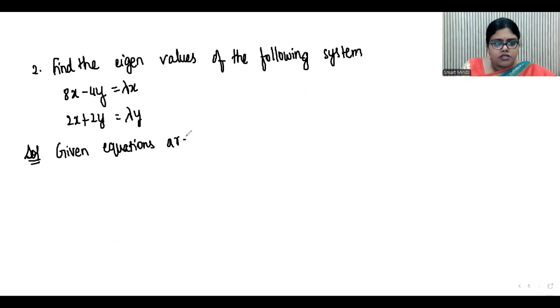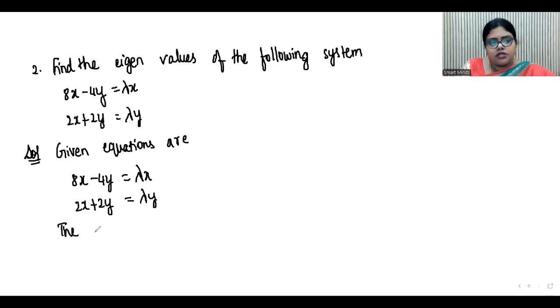So, given equations are 8x minus 4y is equal to lambda x, then 2x plus 2y is equal to lambda y. Now, these equations can be rewritten as 8 minus lambda.